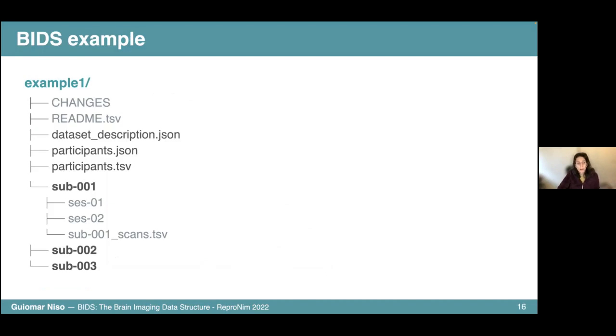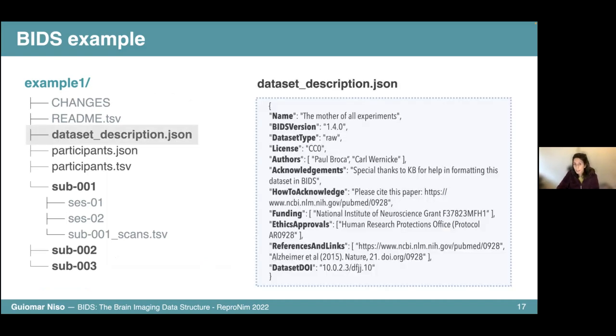For example, here could be study example 1. You will always have in your directory a README, a dataset description JSON file, a participants TSV and its associated JSON, and then the subjects you have just acquired. If we start with the dataset description, it's a file like this, as we have seen.